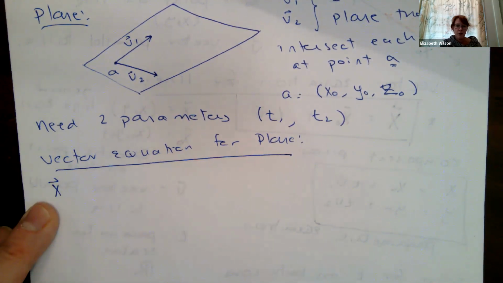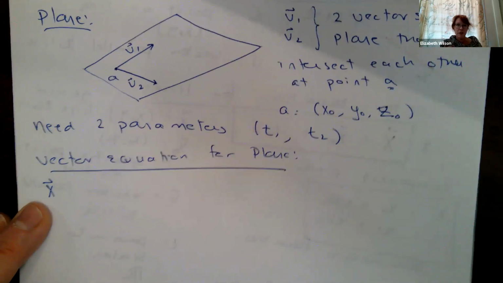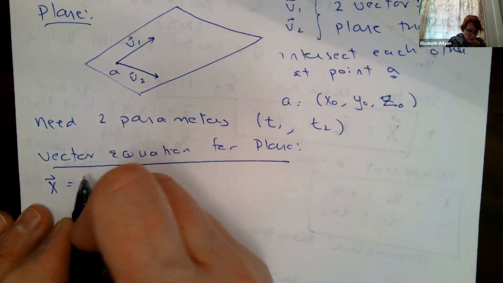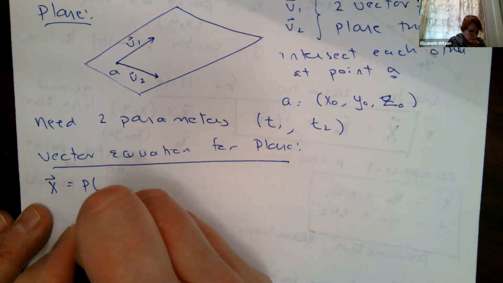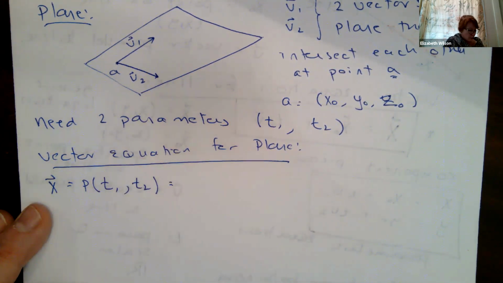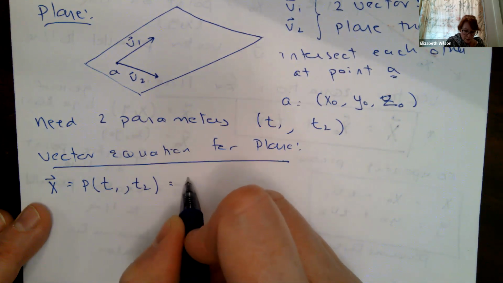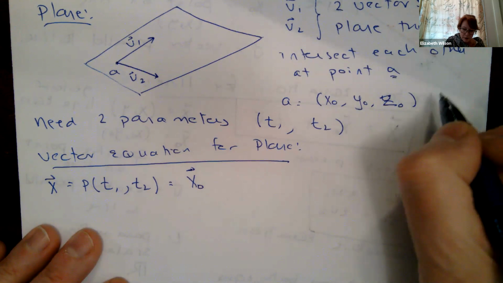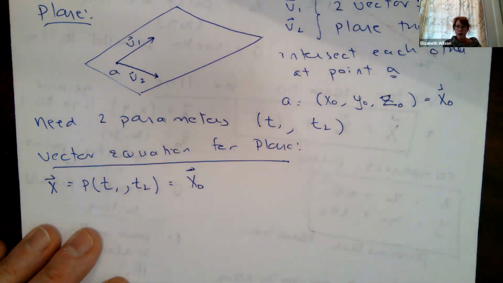X bar, which is our generic representation, our x, y, and z, equals, and I can say this is the plane of my parameters T1, T2, which I'm going to write as x naught. This here was our A; I'm going to call this x naught with a bar over the top.